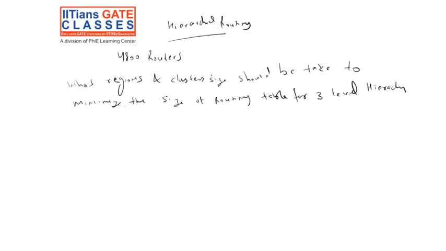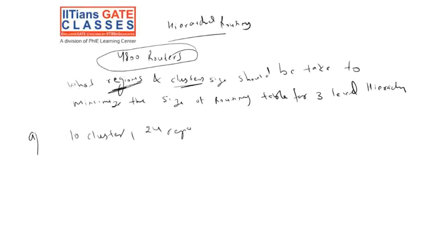Total 4,800 routers are there. So there is one region like DNS, one server is there. Similarly, what cluster sizes should be taken to minimize the size of the routing table for 3-level hierarchy. So options are, let's say A, 10 clusters, 24 regions, and 20 routers.